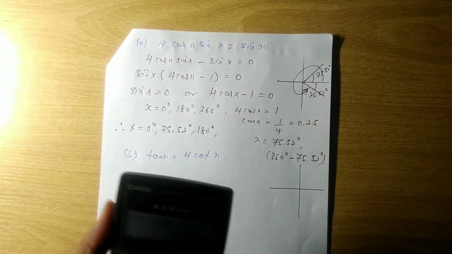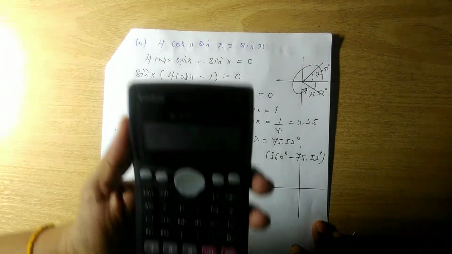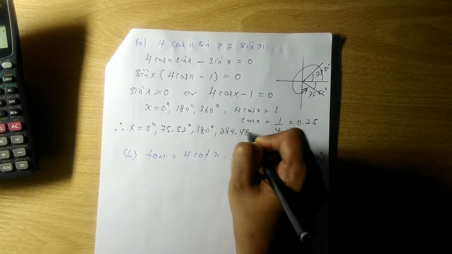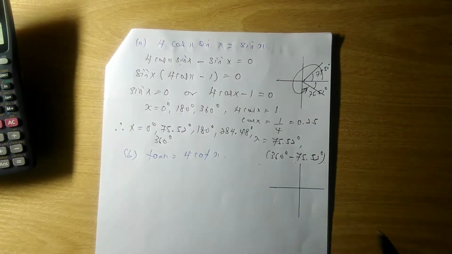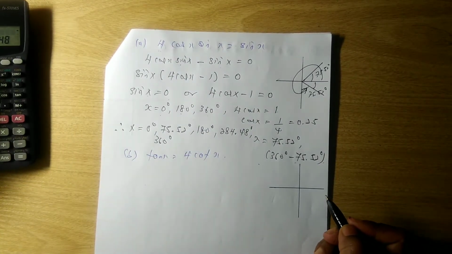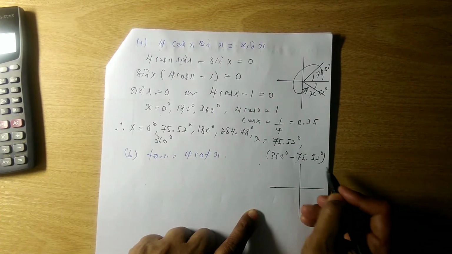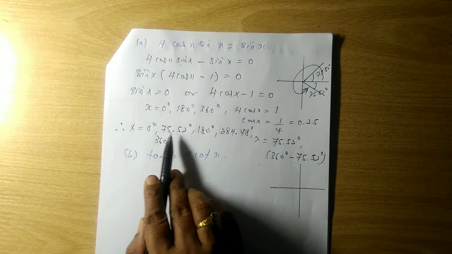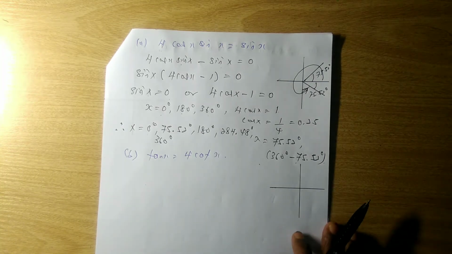So you get about 284.48 degrees. Okay, and lastly, 360 degrees. Okay, so you have 1, 2, 3, 4, 5 angles for this system.